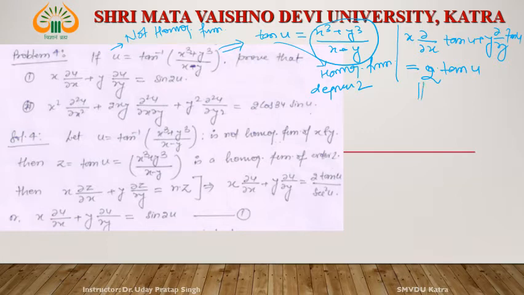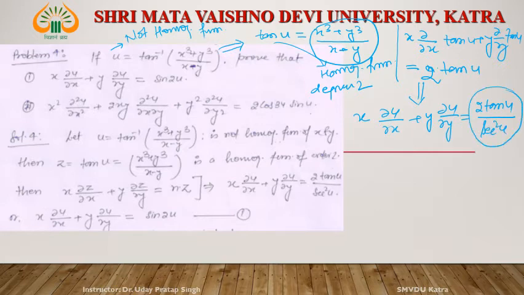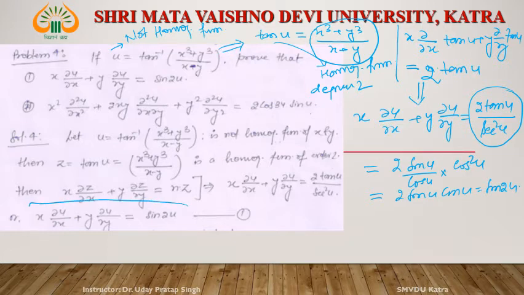Then this can be written as x ∂u/∂x + y ∂u/∂y equal to 2 tan u divided by sec² u. Simplifying, this is equal to 2 sin u/(cos u · sec² u), which is 2 sin u cos u, equal to sin 2u. Now we obtain this equation 1.